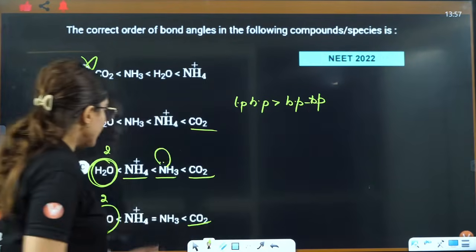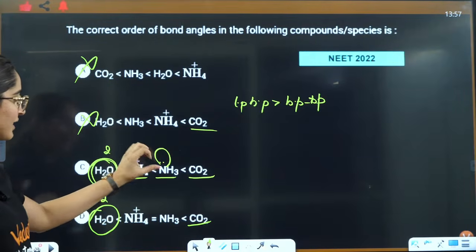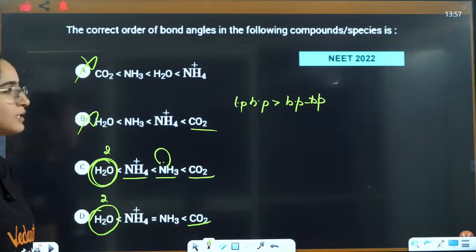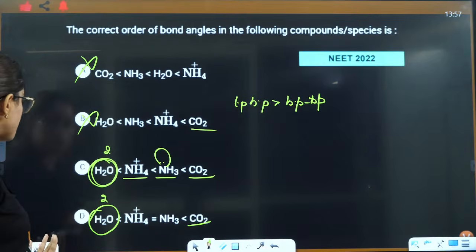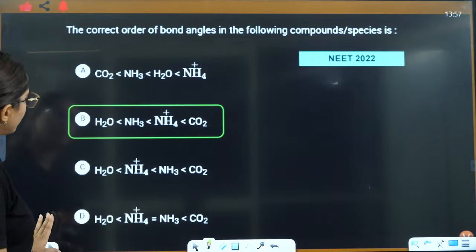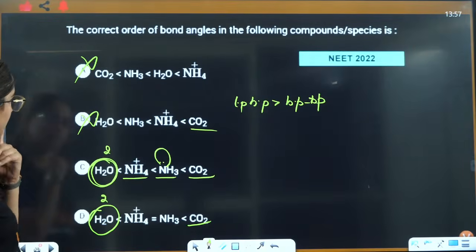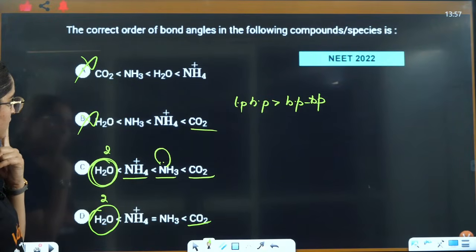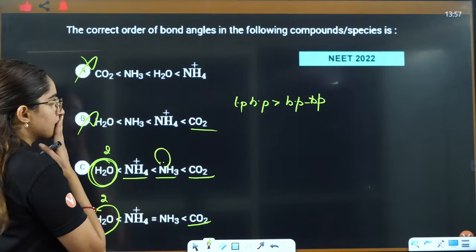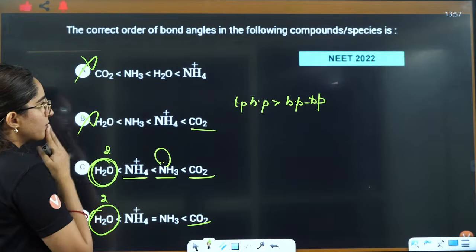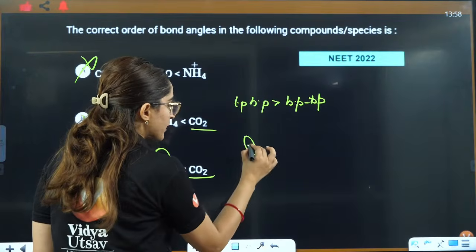That is why the one with lone pair, bond pair repulsion will have a little higher angle as compared to this one. Lone pair, bond pair, the angle will be more, yes. So if you see, this is the lone pair, right?